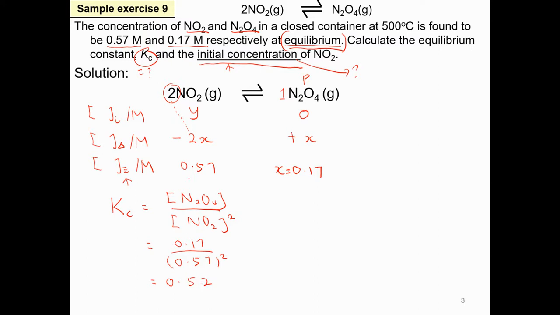Now, next we need to find y. Okay, so from here we already found out x.